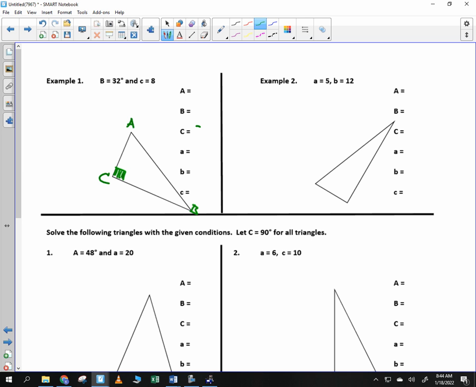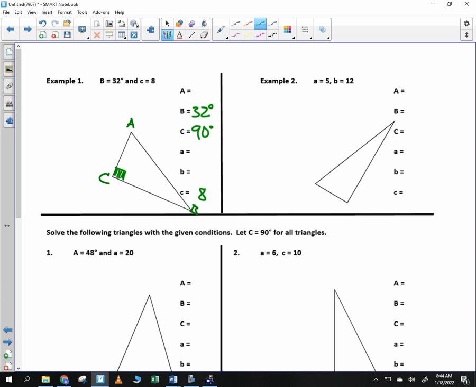So angle C is 90 degrees. Angle B is 32 degrees. Again, the capital letters are the angles, the small letters are the sides. It is very important that you put the sides in the right spot.